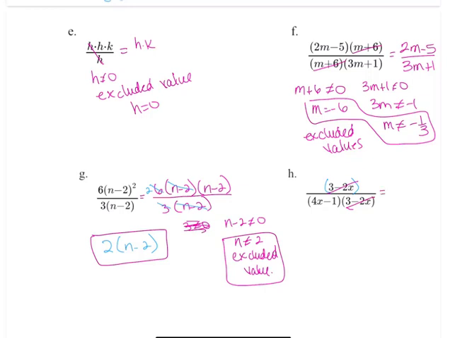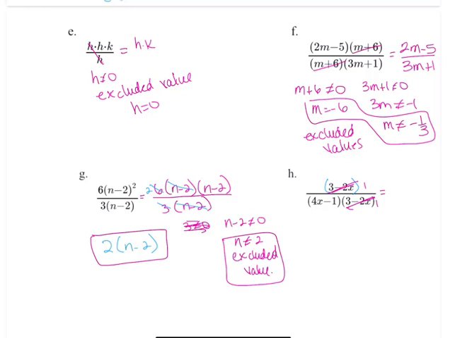So what do I have left on top? This is another little tricky one. Is it a 1 or is it a 0 because you got rid of everything? It's a 1, because this 3 minus 2x divided by 3 minus 2x, those are 1s. That simplified to 1 over 1, or 1.